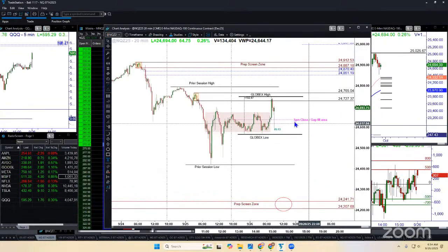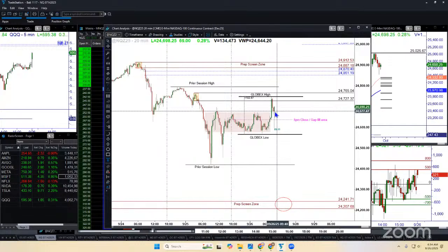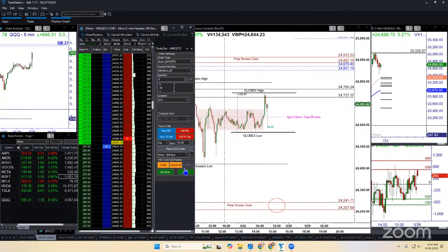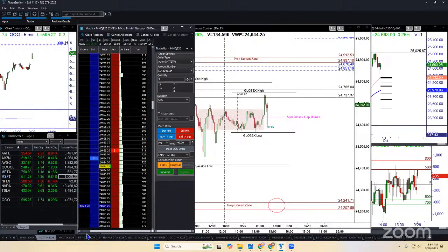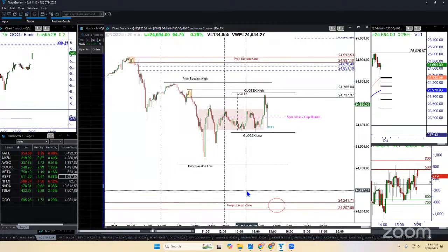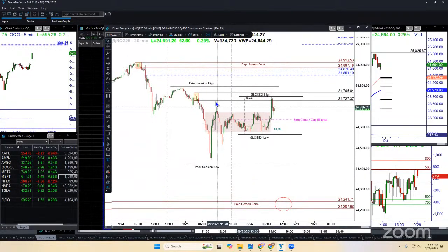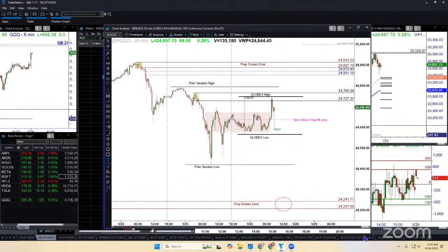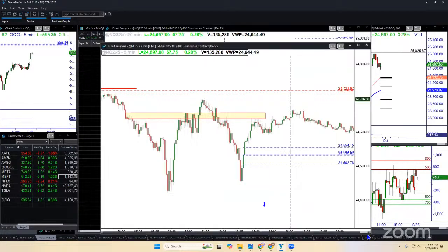NASDAQ already filled the gap. Notice how the price went right through that area. Order filled. This computer kind of slowed down here. There's no fair value gap inside this one, so I'm going to have to look at the smaller time frame.